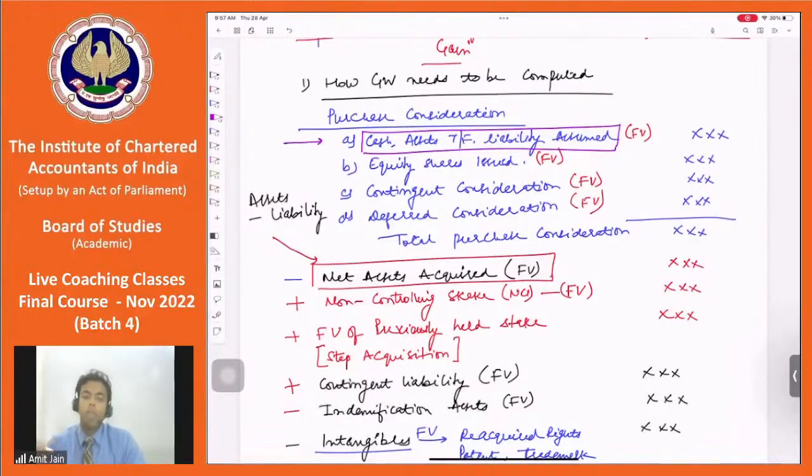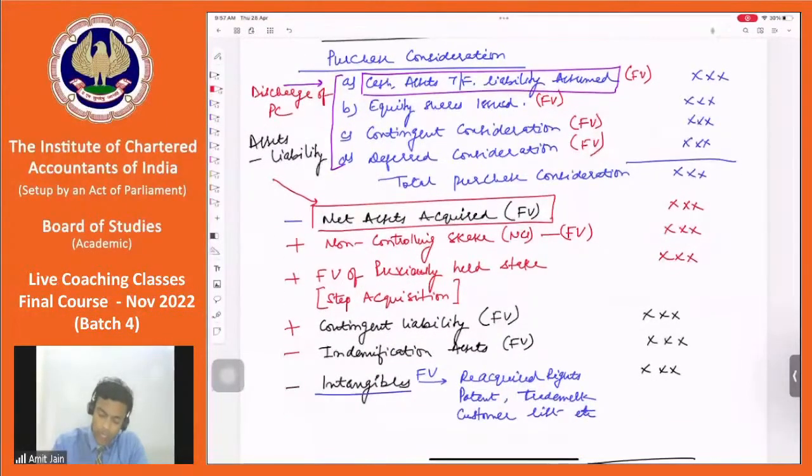Now of the 100 crore rupees, 10 crore rupees I need to pay in cash, 20 crore rupees I need to transfer an asset, 30 crore rupees I need to assume a liability on behalf of the other company, and there is a contingent consideration of 30 crores. This is a manner of discharging a purchase consideration. Discharge of PC. And this is the liability and asset acquired.